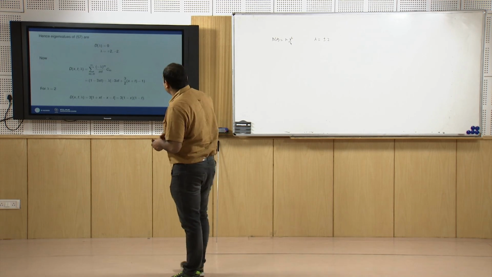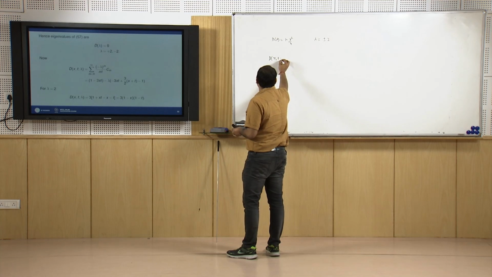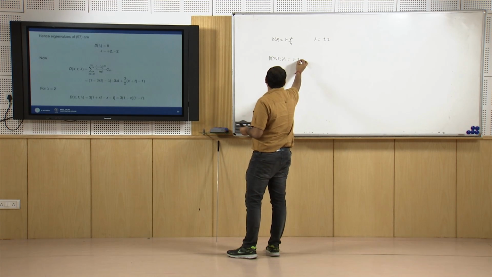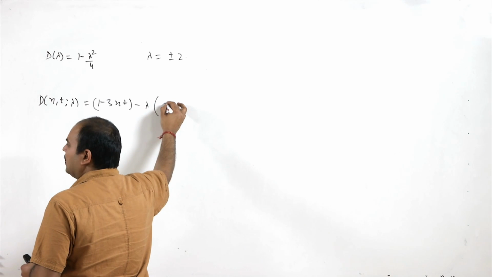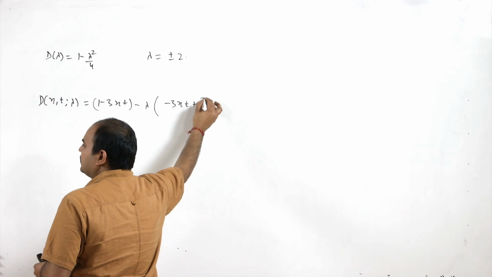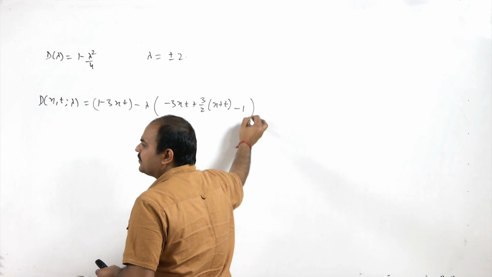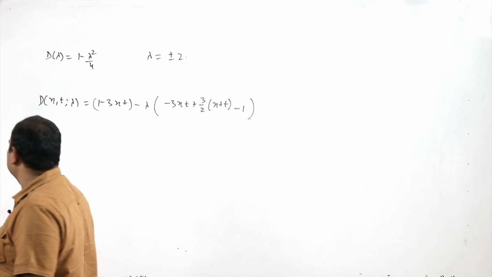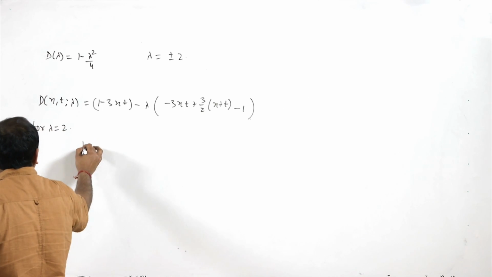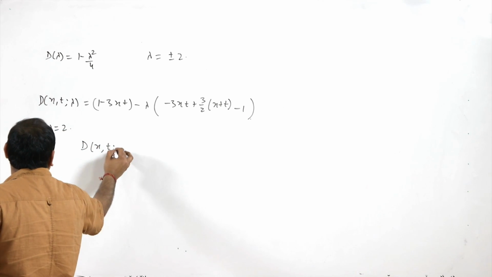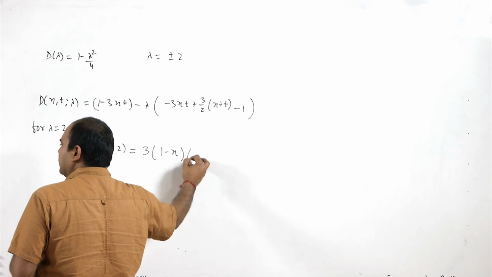In this case D(x,t;lambda), which we have already calculated, is given as 1 minus 3xt plus minus lambda times (minus 3xt plus 3 by 2 (x plus t) minus 1), and when you simplify, for lambda equal to 2, D(x,t;2) is given as 3 times (1 minus x)(1 minus t).